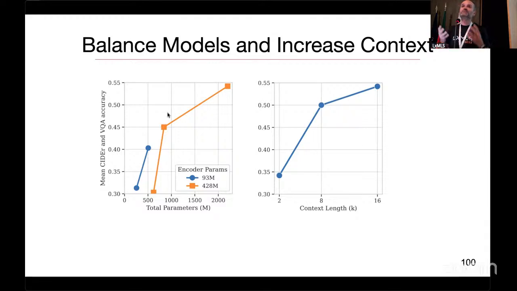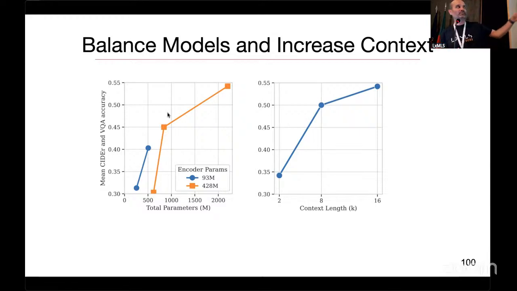And this becomes even more clear when you're working with much larger vision models. So this is a 428 million parameter vision model shown in the orange bar. And if you pair this with a really small language model, your performance is terrible because you have, I guess, a mismatch between the representational capacity and also just what the model knows as a language model.